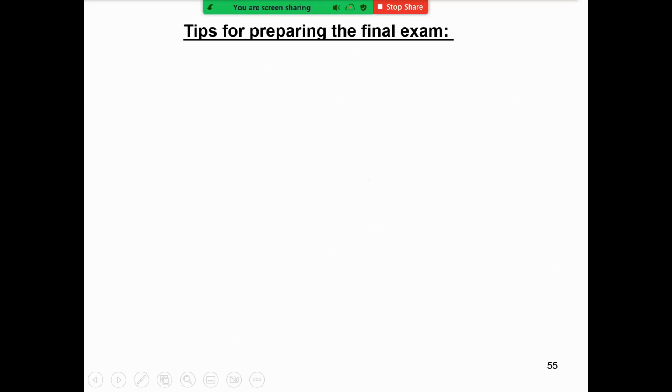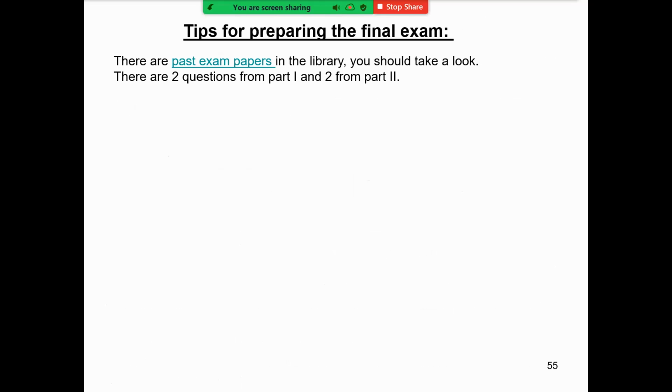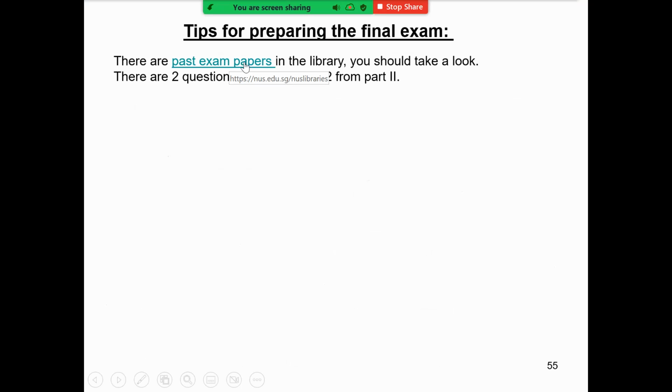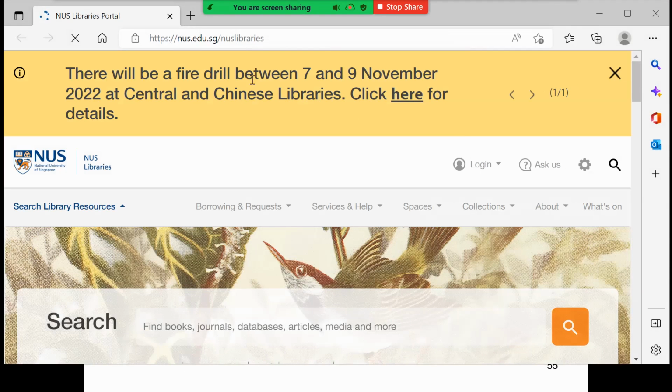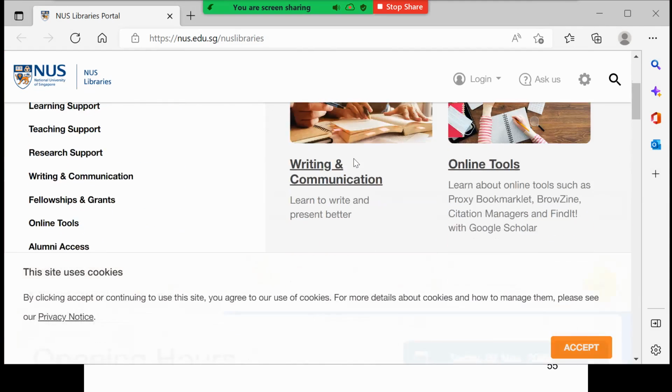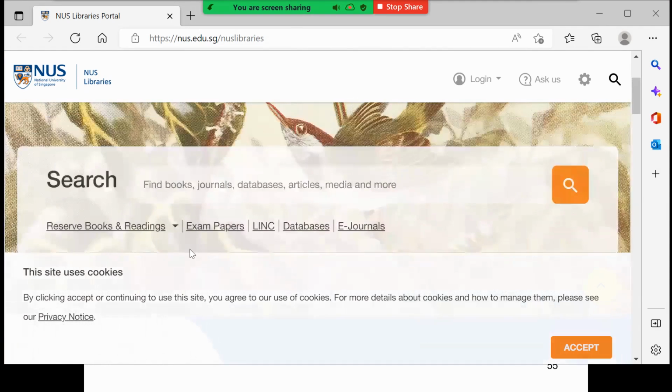Now some tips for the final exam. First of all, remember that for all the modules, normally but not all, some modules don't provide the past exam papers. But for this one, we do have them. You go to the library website, and you will know that there are exam papers.